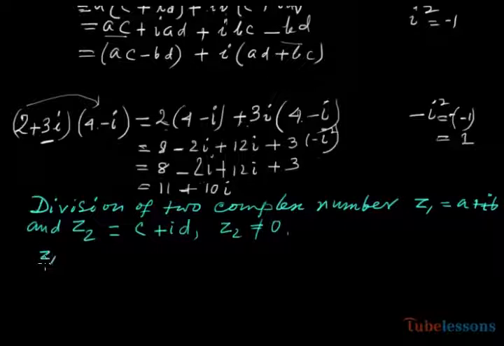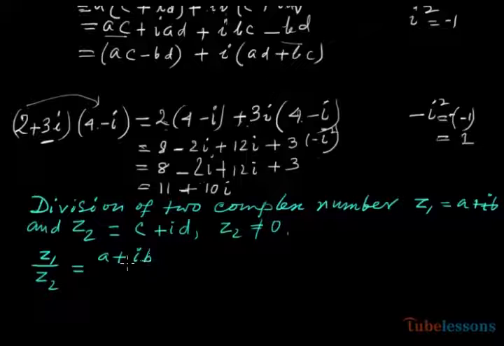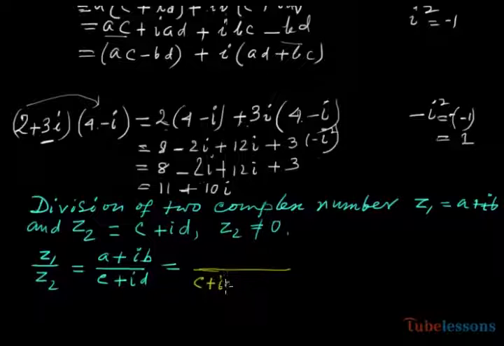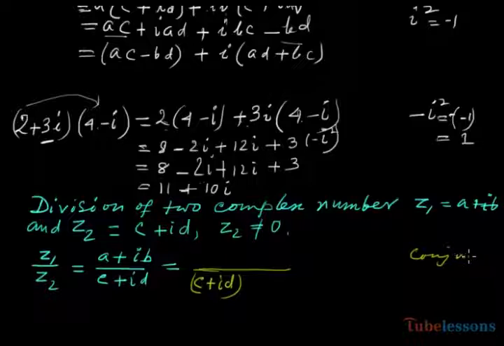So Z1 by Z2 is equal to A plus iB by C plus iD. So when we do the division, first we multiply C plus iD with its conjugate. And the conjugate of C plus iD is C minus iD.